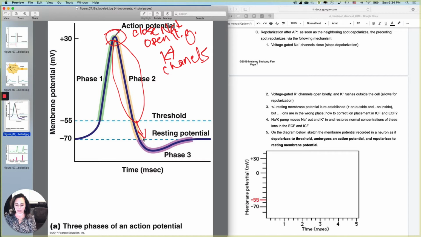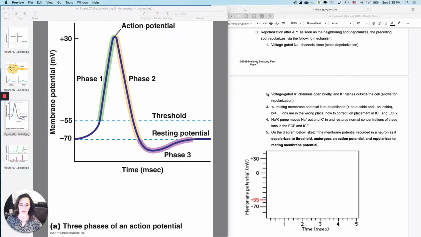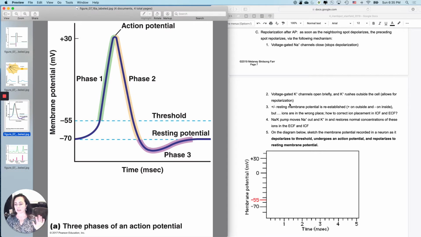And that's all well and good, with the exception of the fact that everything's fine, and I may have gotten back to minus 70, but all of my ions are in the wrong place. I just reestablished the positive negative nature.